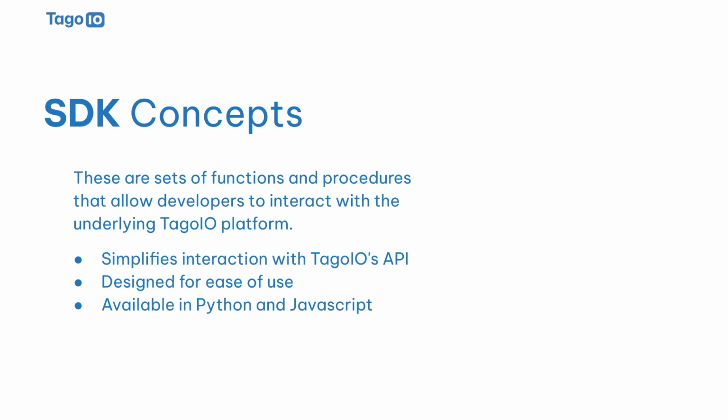It basically simplifies all the interaction you can have with our API using those languages. It is fully designed for ease of use, so it should be very quick to set up and start using, with a lot of help and documentation on different usages within our SDK.